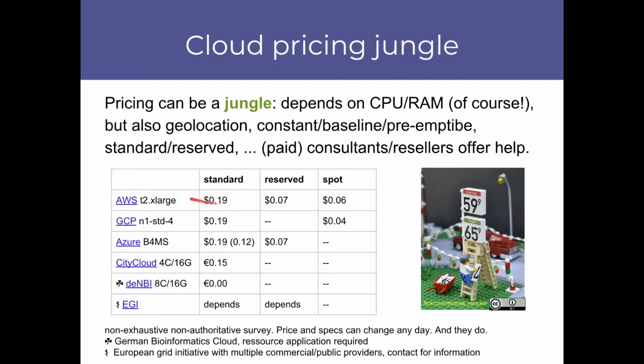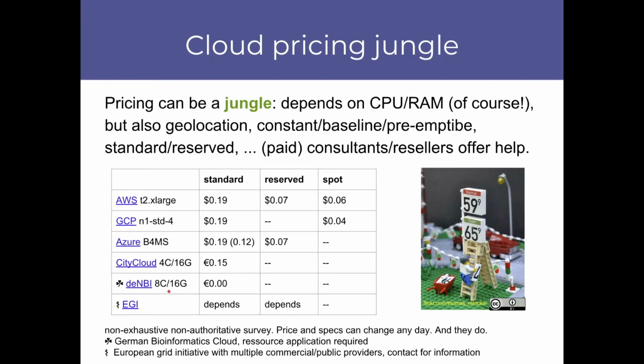So next to the big ones like Amazon, Google, and Microsoft Azure, there are also more local cloud providers. For example, City Cloud is located somewhere in Sweden. They charge you 15 euro cents, which is on par with what you see here. There are also scientific clouds. I mentioned the Denby Cloud before.